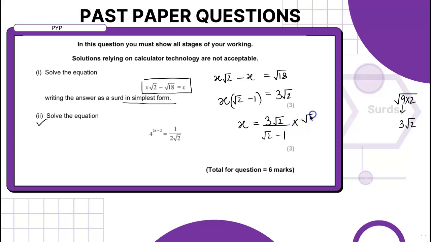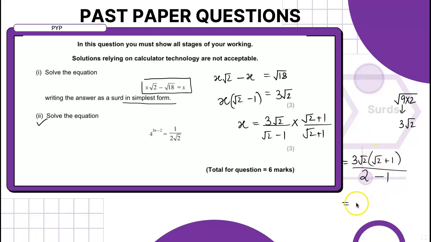So let's rationalize. What we do? Root 2 plus 1 and root 2 plus 1. It's easy and quick also. So I'm writing here 3 root 2 with a bracket root 2 plus 1, and down there we will be having difference of squares. So square root of 2 squared is going to be giving us 2 minus 1.